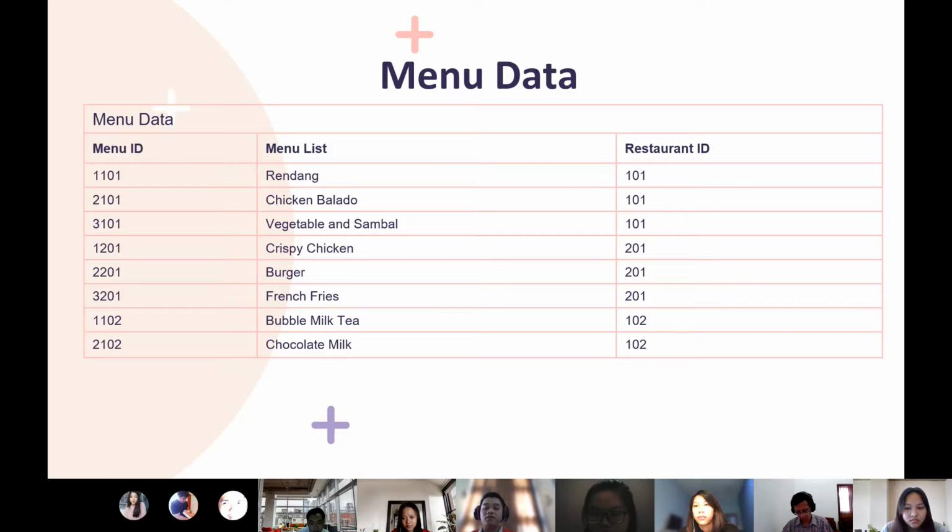This database provides information about the menus available for display to the customers: the menu ID, and also the ID number of the restaurant that sells the menu. Menu ID is made from the combination of the menu number and the ID of the restaurant, as you can see in the slide. And next will be presented by my partner Gladys.